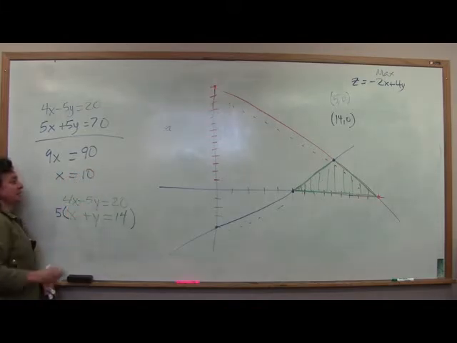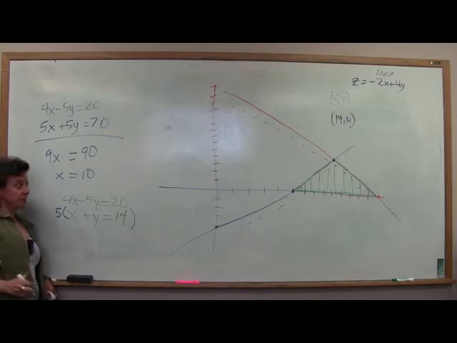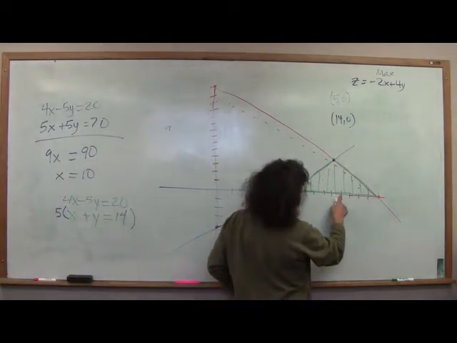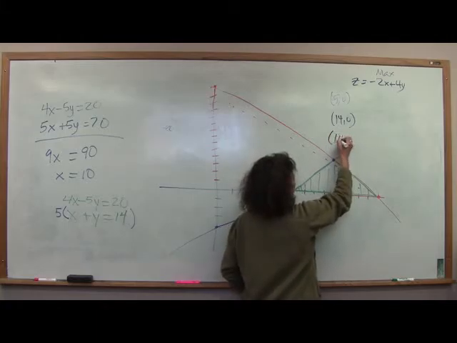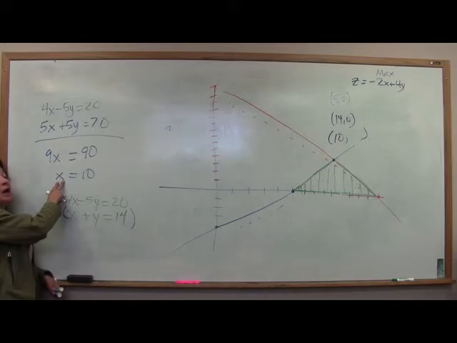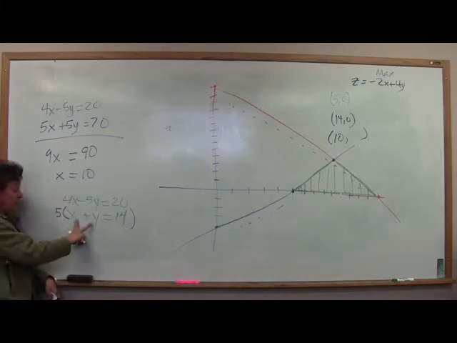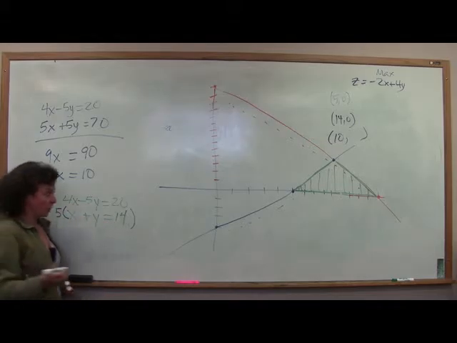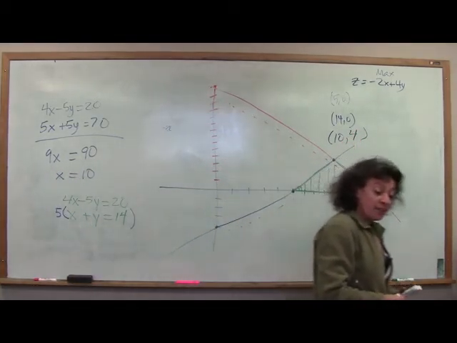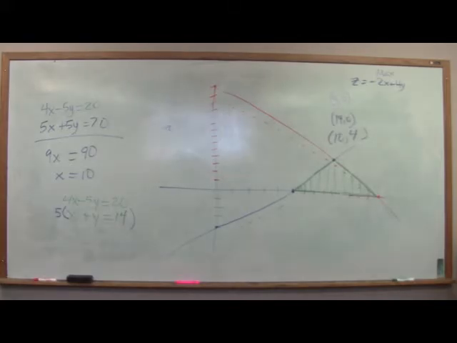So, x is 10. 6, 7, 8, 9, 10. Actually, that's not even that bad. Okay, now I have my x value. I need to find my corresponding y value. I would take that and plug it in this guy, right? Because if x is 10, 10 plus what is 14? 4. So there are my 3 corner points.